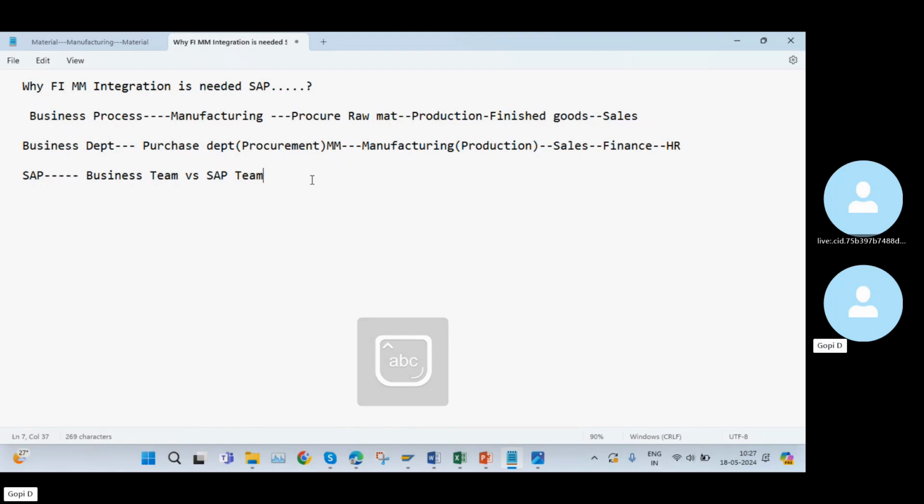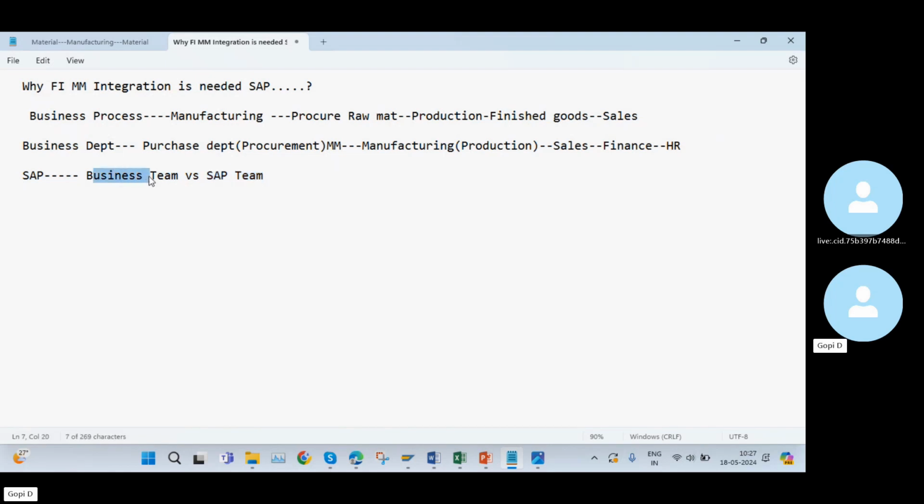So if you work with any client in an SAP environment, we split our groups into two: the business team and the SAP team.